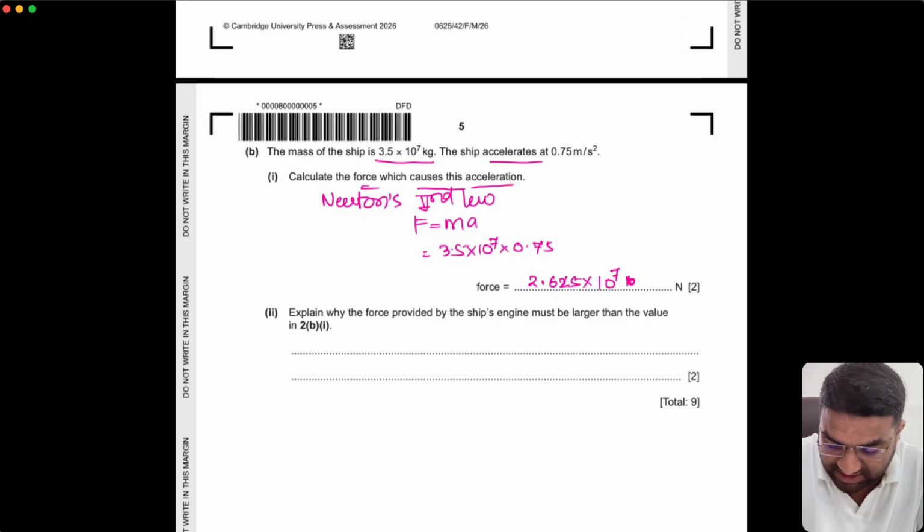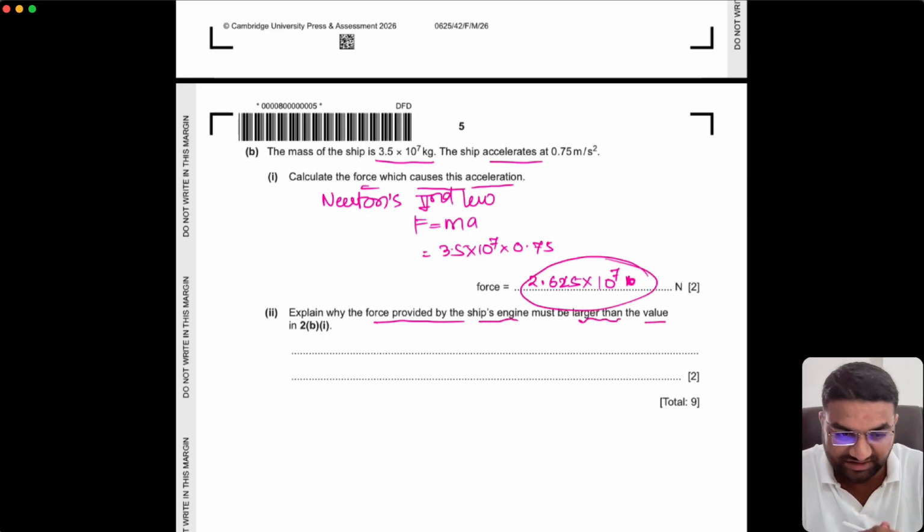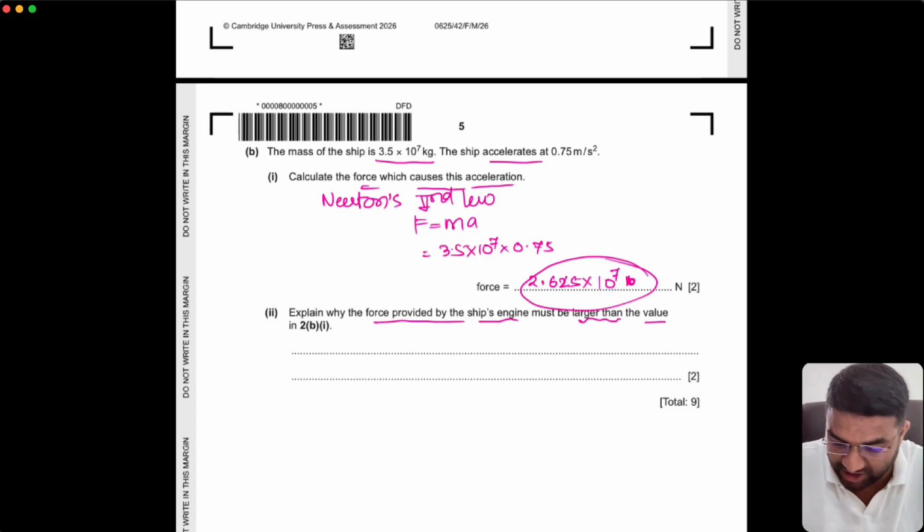Next, explain why the force provided by the ship engine must be larger than the value we got here. This is again an application based practical question. The force must be greater than mass times acceleration. Why? Because of water resistance, air resistance and frictional drag. These are the reasons you have to mention.